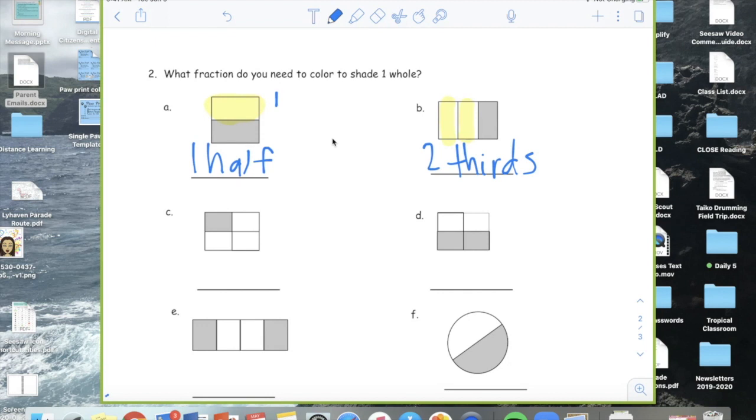Okay? Question C, I'm shading in 1, 2, 3, but I see that there are 4ths because it's divided into 4 parts, so I shaded in 3/4. Okay? Question D, I'm going to shade in 2 parts. Once again, this is 4ths, so it's 2/4.